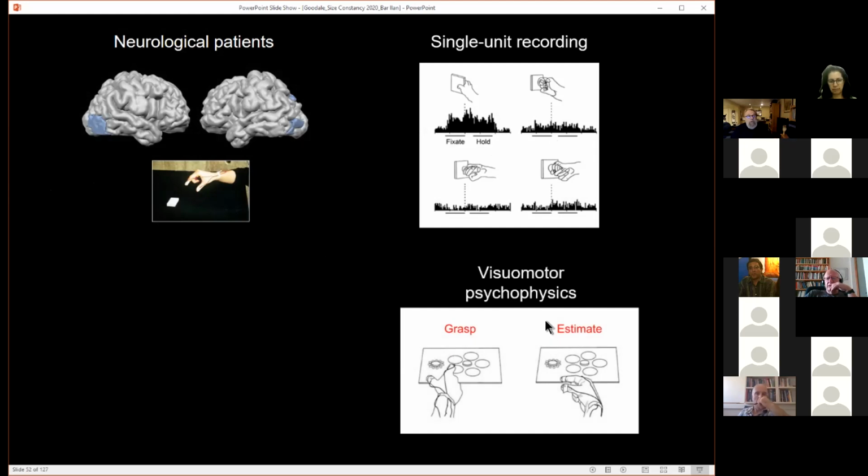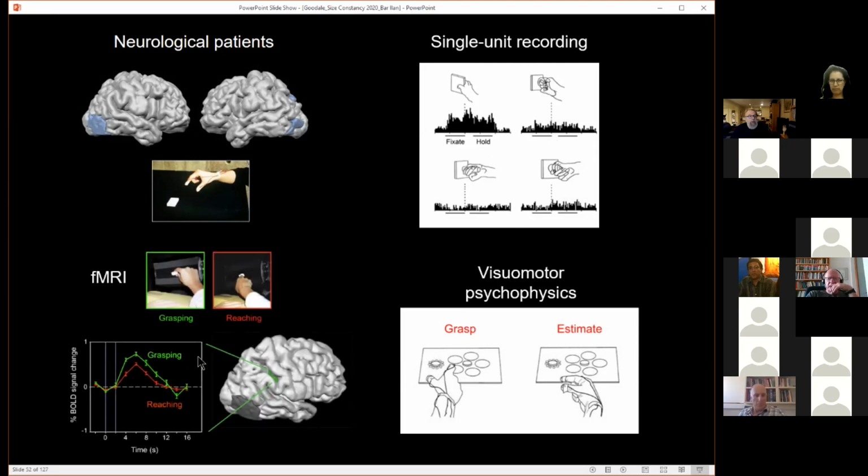There's more controversial evidence from visuomotor psychophysics about whether or not grasping is less sensitive to illusions of size than our perceptual estimates. And of course, there's fMRI. Many papers now, in both patients and in normal observers, show that you can get activation related to grasping in the posterior parietal cortex and activation related to object recognition in the ventral pathways.